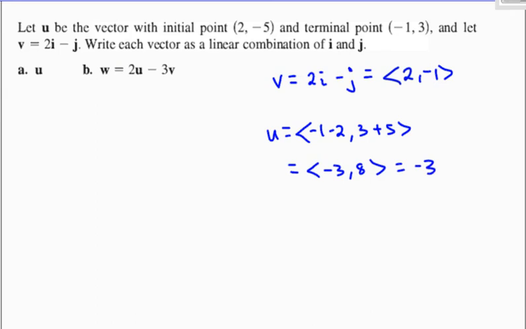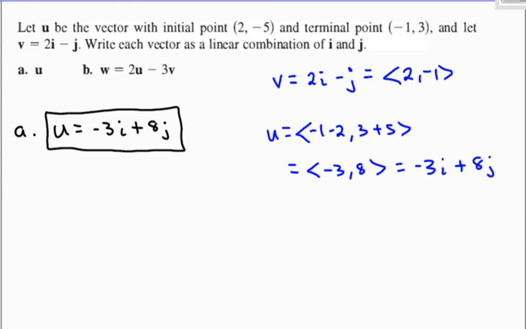I can write -3i plus 8j. All right, so for part A, when they ask me to write u as a linear combination of i and j, I've got it right there. It's -3i plus 8j.